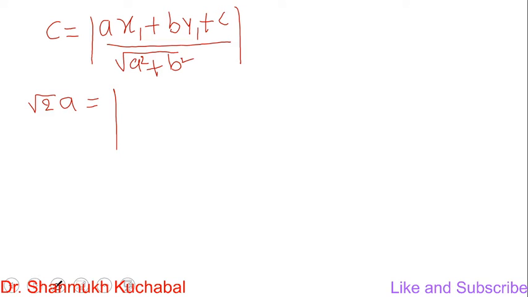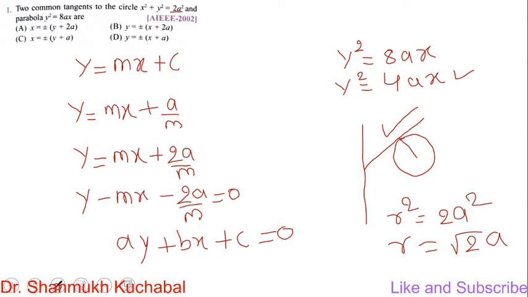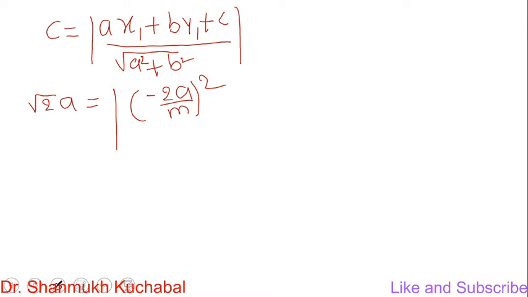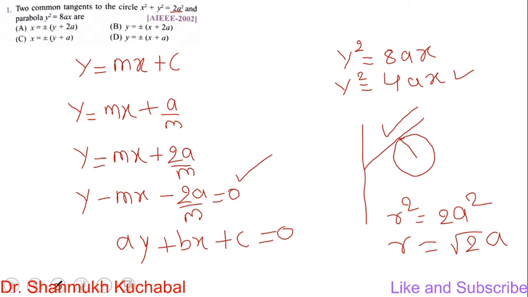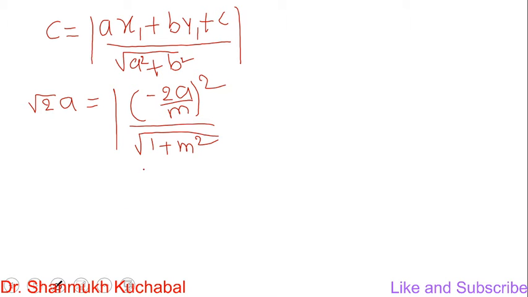So here ax1 plus by1 plus c is minus 2a divided by m, as taken in the previous step. Further it is whole divided by root of a square plus b square, so we get 1 plus m square. Under the modulus we will simplify this by squaring.